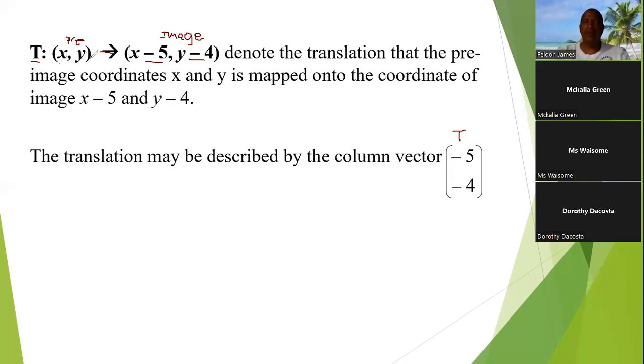So your pre-image is (x, y), but it can be written in the form of a vector, or column form, with the x coordinate first, and then the y coordinate. So the x coordinate above, the y coordinate below. And so this would be your coordinate for your pre-image.